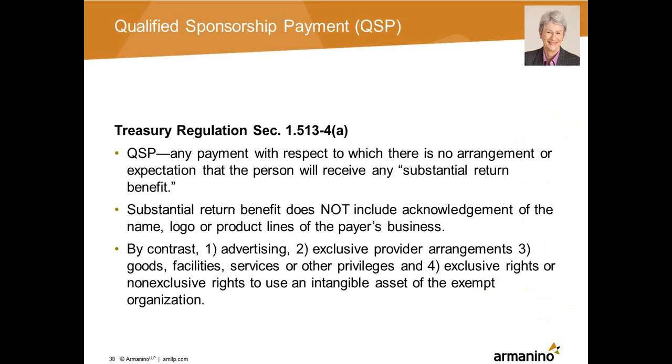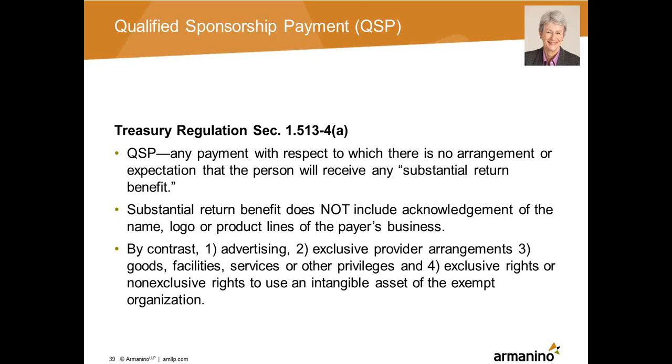QSPs may be thought of as a safe harbor. This came out of the Mobil Cotton Bowl case, where Mobil was paying the Cotton Bowl folks to advertise and get their name all over the place. And the Service came in and said, you know what, all of that is income to you, Cotton Bowl people.